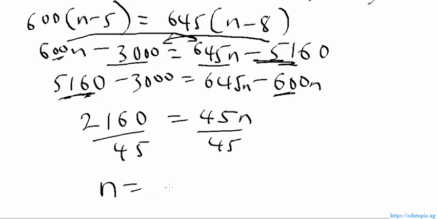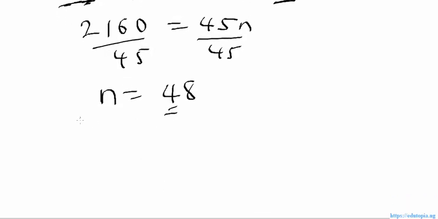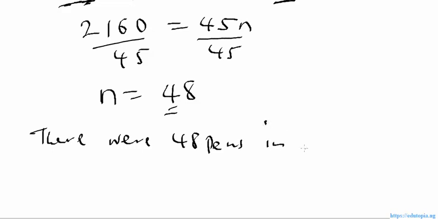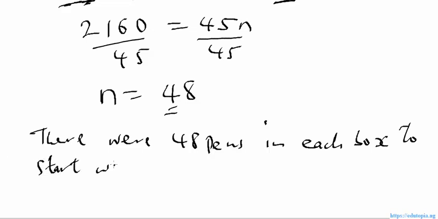N is equal to 48. So therefore, there were 48 pens in each box to start with. So that's our answer.